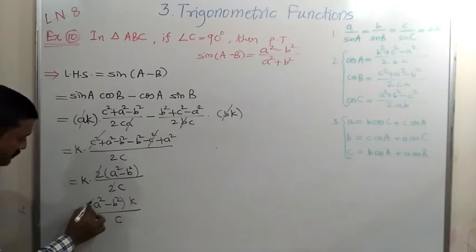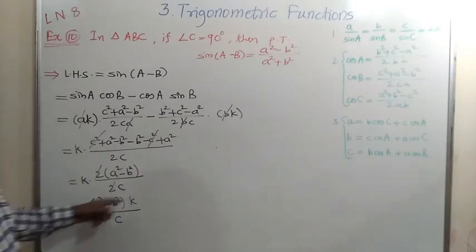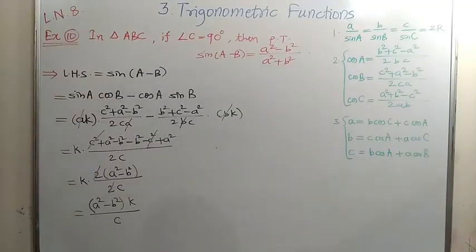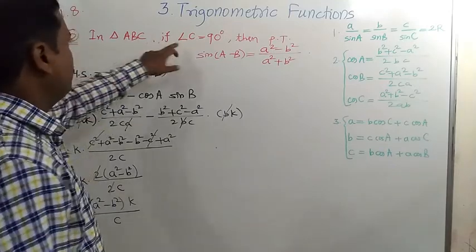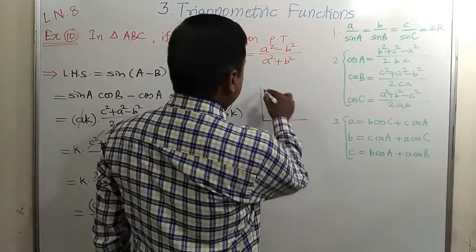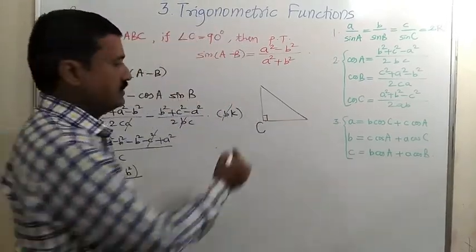upon C. Now if you observe the right hand side here, we get A square minus B square, but A square plus B square is at the denominator. So you have to make some change here, because in the given part angle C is equal to 90. In triangle ABC, angle C is equal to 90, means triangle ABC is like this. Angle C is a right angle.